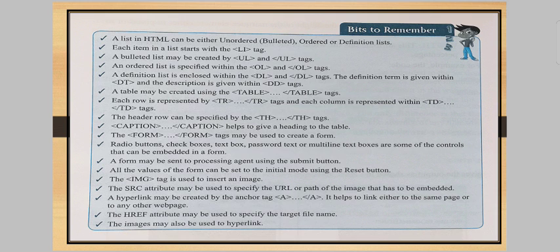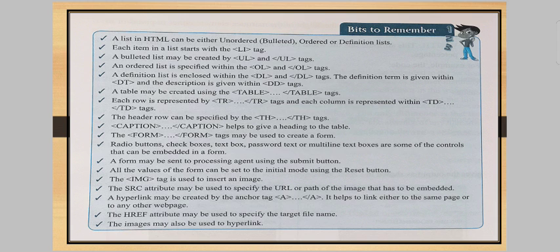A bullet list may be created with the ul tag, which is a pair tag with a start tag and an end tag. Same as an order list is specified with ol tags, also a pair tag. A definition list is enclosed with dl tags. The definition term is given within dt and description is given with dd tag.